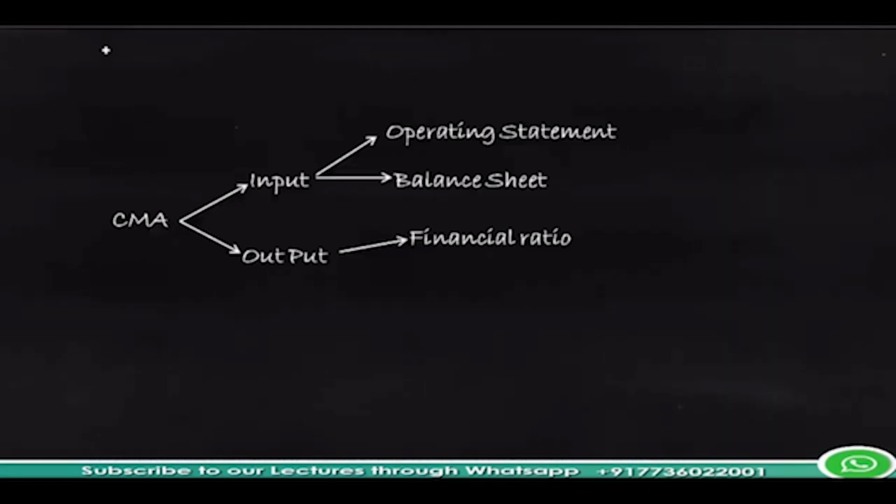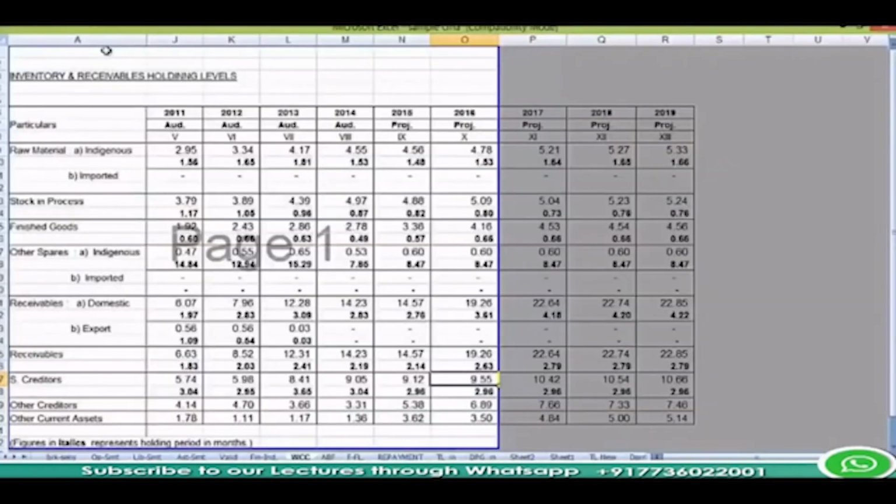The second output you would get would be the holding level sheet. This sheet basically talks about the levels of current assets and current liabilities maintained by the customers. You will have it as WCC, that is working capital holding level sheet.